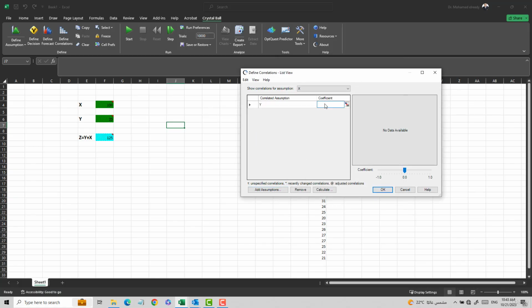This value will be the relation between these two, from 1 to minus 1. Okay, this is the coefficient that will be here, the relation showing the correlation of the assumption x with respect to the assumption y.